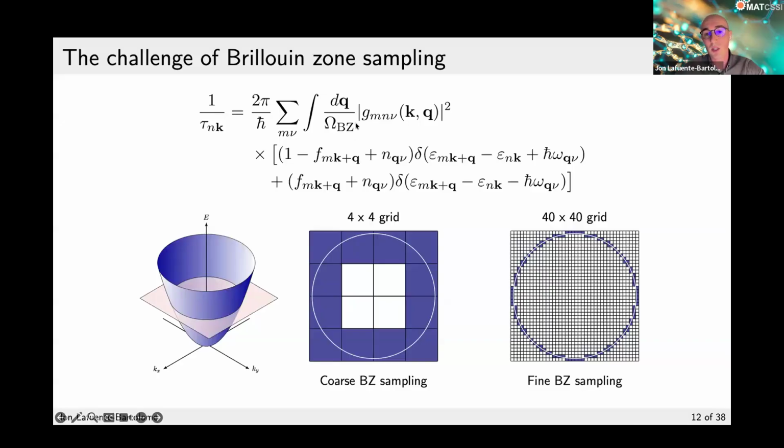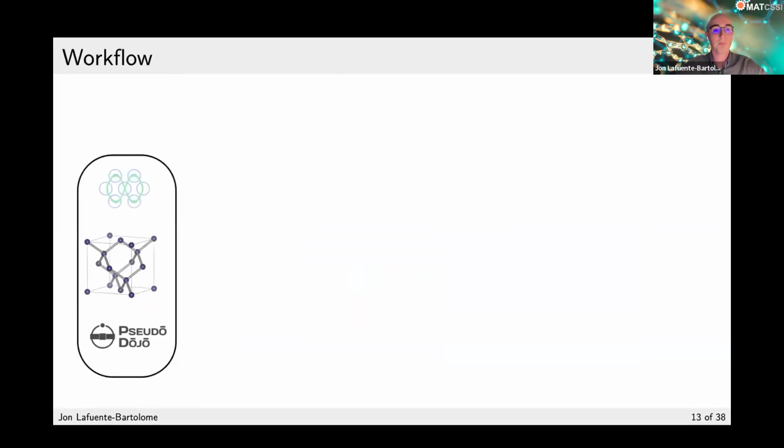But what I wanted you to note here is that the delta functions associated with energy conservation limit the scattering events to a region of the Brillouin zone that is very localized around the Fermi energy of our system, and it is within the range of the phonon frequencies. And as a result, we need very dense grids, and that's why EPW, Wannier interpolation, and EPWpy will be very useful to solve this type of equations.